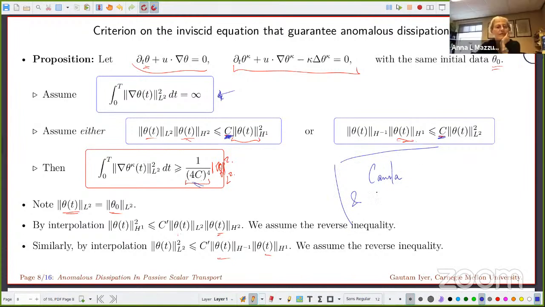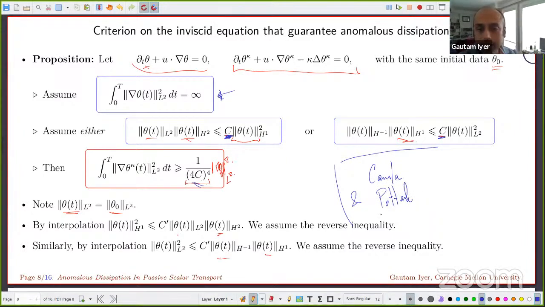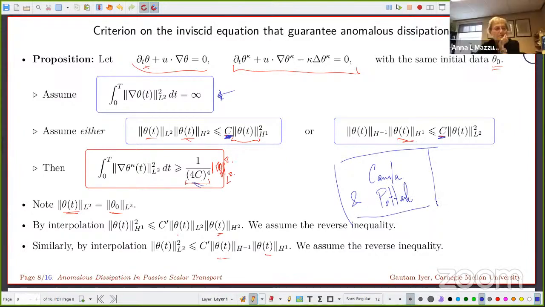Stefan Pottel. Yes, Pottel. Thank you, I didn't know. I think it's on the arXiv, but it's on the whole space. That's a different game. They can't adapt it to the torus.